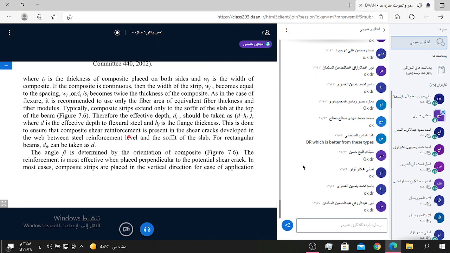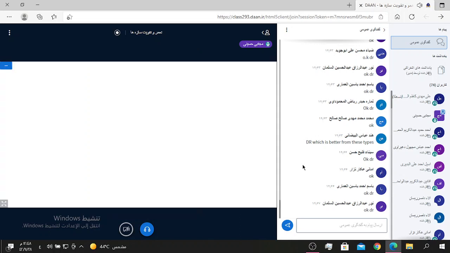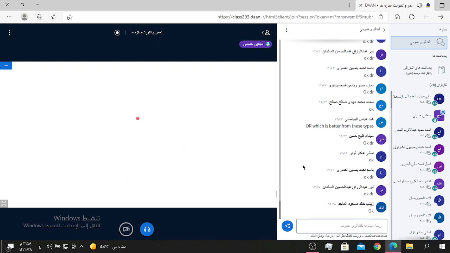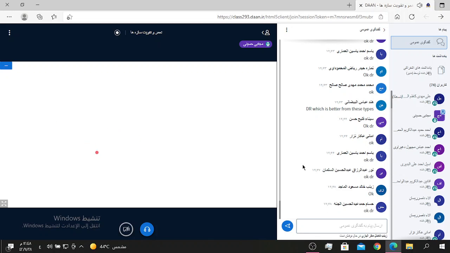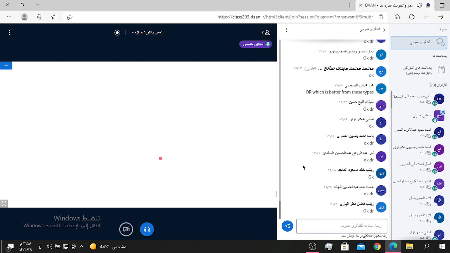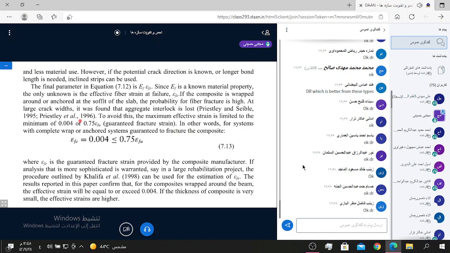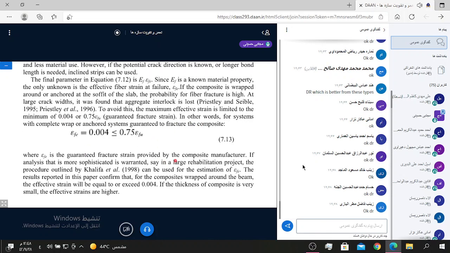Okay, this is very important. And this is very important for control of strain in FRP. We use this equation, okay, to guarantee fracture of composite. Use this formula.